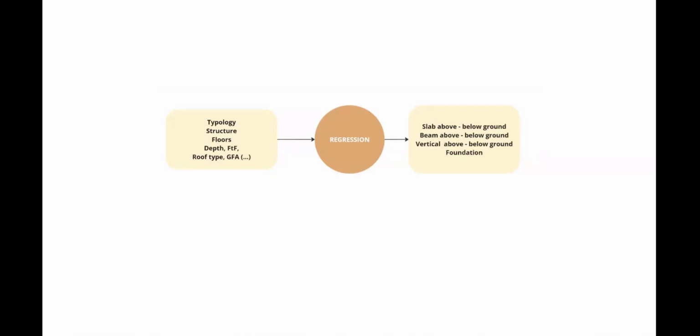Then the model was predicting the quantities for slabs, beams, and columns above and below ground, and foundation. We reached around 98% accuracy, which of course doesn't mean anything if we don't contextualize it, but it was enough for the stage we are at. Usually in this project, again, early stage. And it was able to speed up the process from around 15 minutes to 5 seconds.